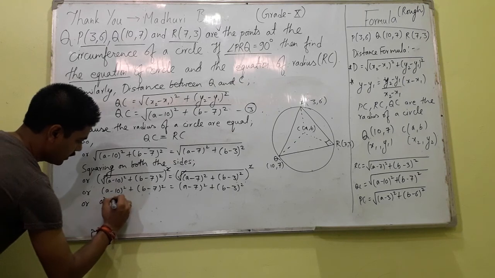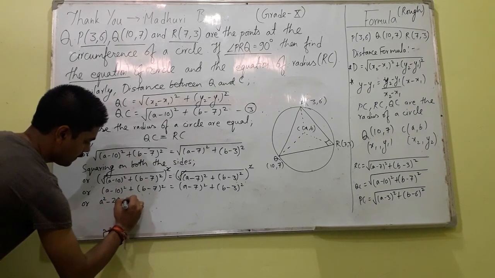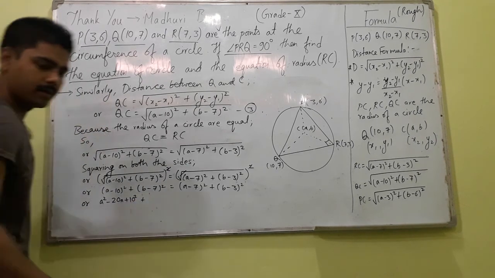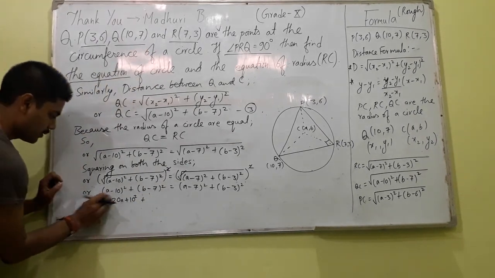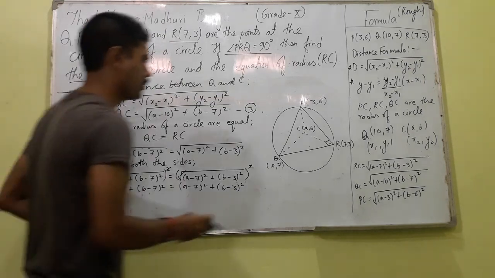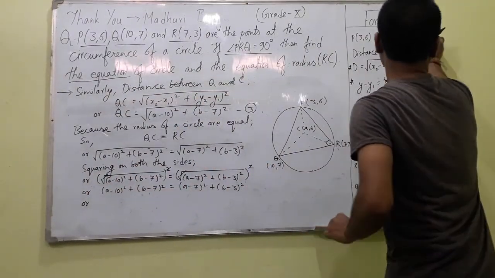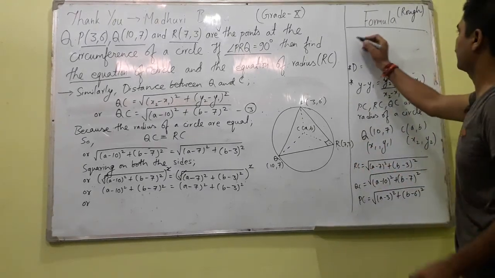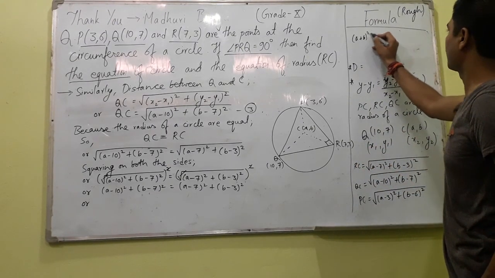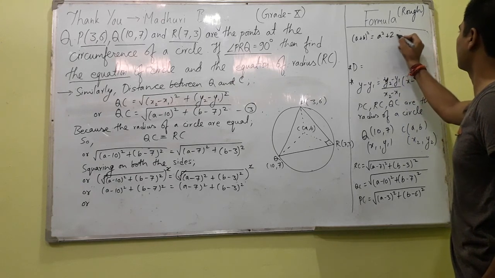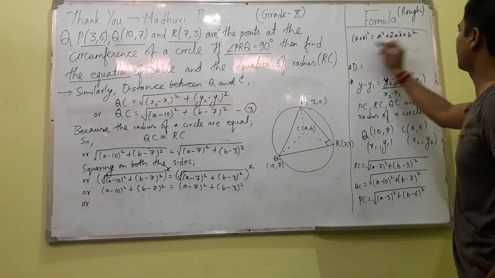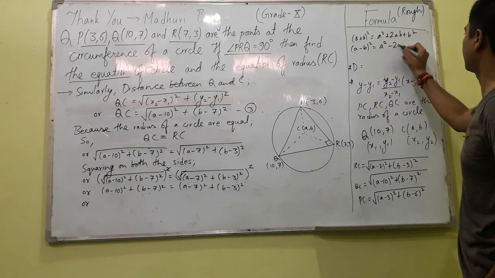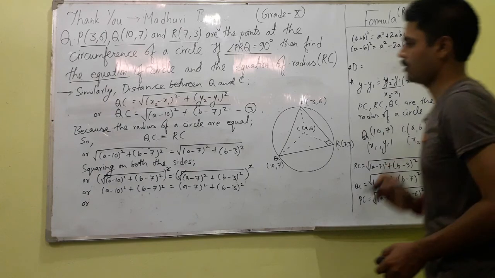A square minus 20A plus 10 square. If you want to know in detail, I am actually opening the formula of square here. Like A plus B whole square is A square plus 2AB plus B square, and A minus B whole square is A square minus 2AB plus B square.